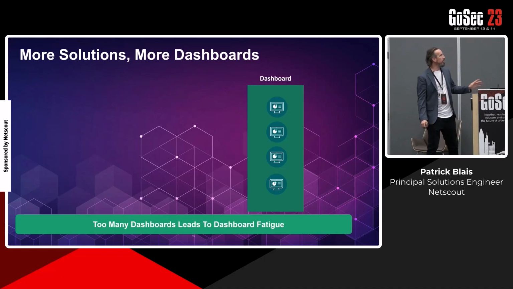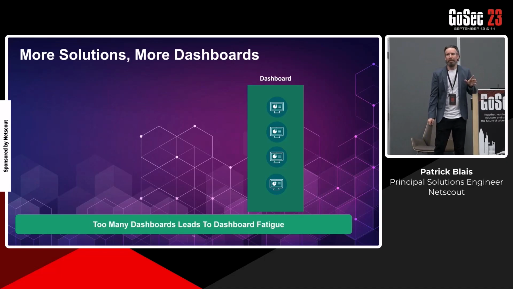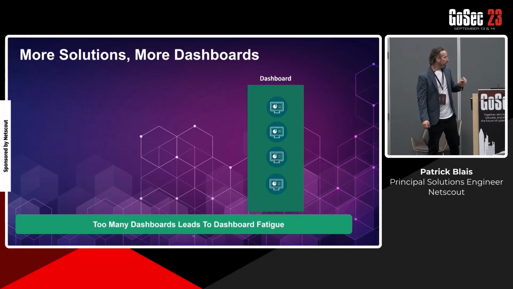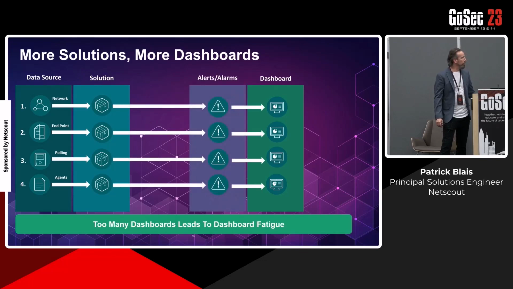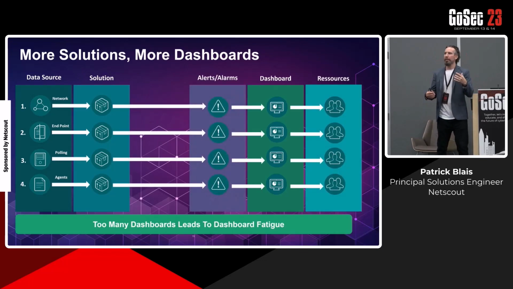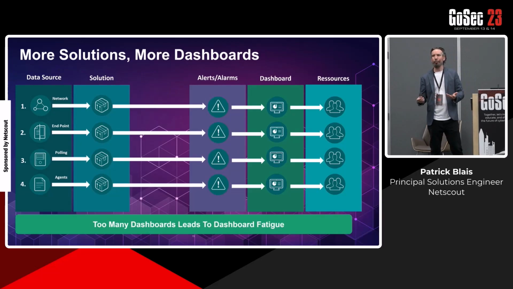So the idea is that there are many, many dashboards out there. And I think that the issue with today's sort of legacy type architectures, let's call it that, is that you have solutions that will have a 1-to-1 ratio with their alerting mechanisms. And then what happens ultimately is that it equals you having to hire more people.